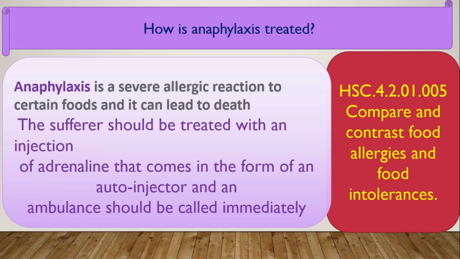Anaphylaxis is a severe allergic reaction to certain food, and it can lead to death. The sufferer should be treated with an injection of adrenaline that comes in the form of an auto-injector, and an ambulance should be called immediately. Okay.